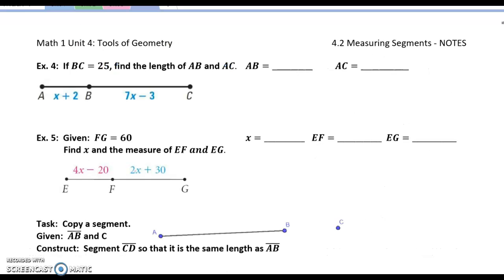Let's move on to example number 4. Here we're given the length of BC is equal to 25. And we want to find the length of AB and AC. So let's start off by writing the given information. We're given that BC is equal to 25.